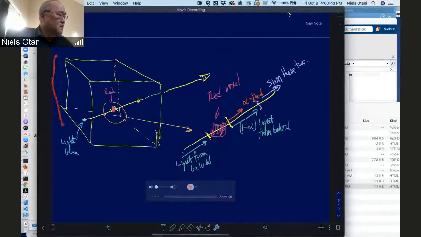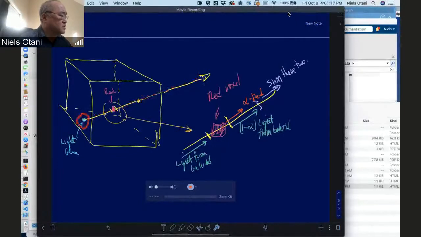If this is the cube in which your simulation is running, and here's your observation point, and you're looking along this line, then you should see this color here at the very back of the box. But of course this has to propagate through the entire cube to get to the front, and each voxel that it travels through has a certain opaqueness associated with it.